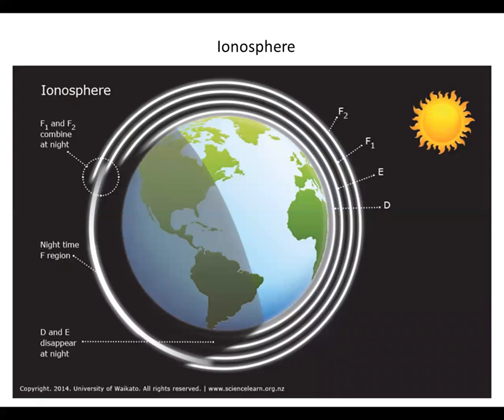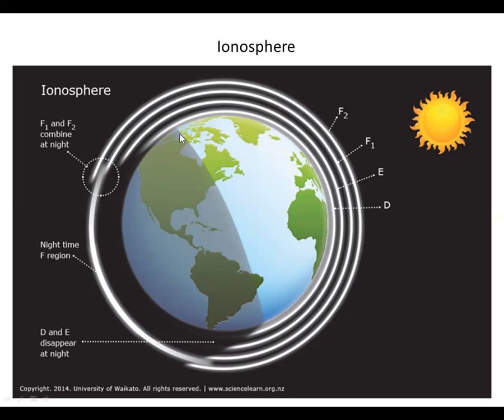And then to look at that in terms of day and night, we've got these same layers. We're on the sunny side of the Earth, and there's the D layer, the E layer, the F1, and the F2 layer. And then as you go from day to night, some things happen to the ionosphere. One is the D and E layer disappear at night, and then the F1 and F2 combine into a single nighttime F region.